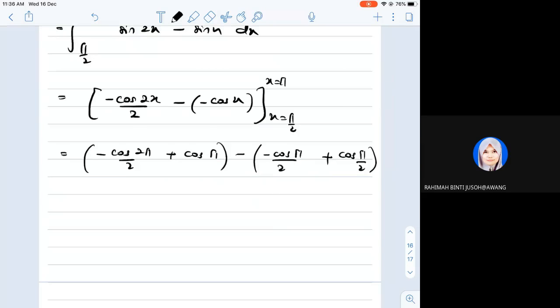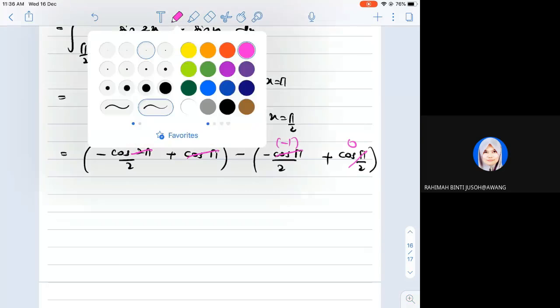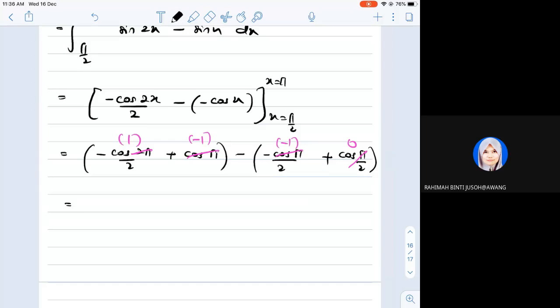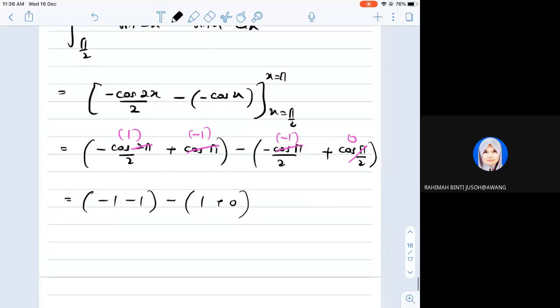Okay, that's it. So now cos 2 pi becomes 1. Cos pi is negative 1. Cos pi over 2 is 0. So we will have negative 1 minus 1 minus negative 1, positive 1 plus 0, like this.